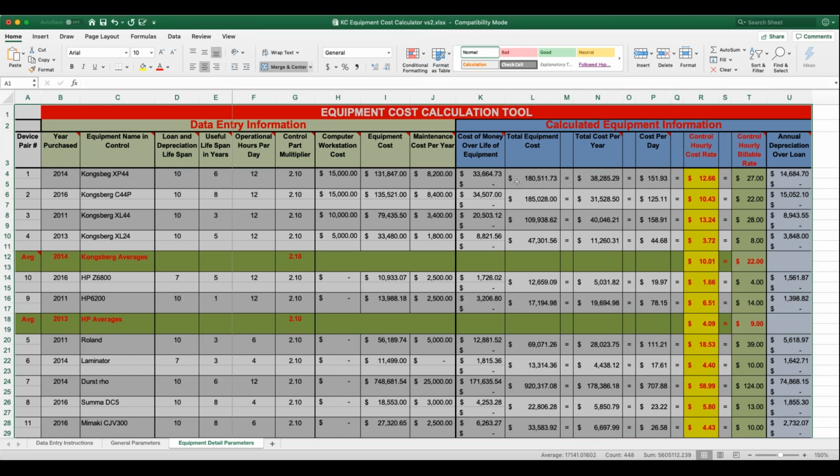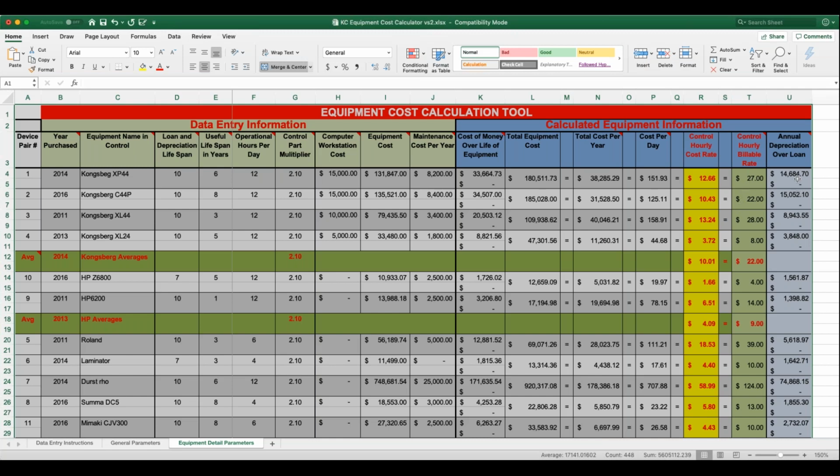I really encourage you to strongly consider using a cost of funds for that particular device. This is the billable rate that control would generate based on the multiplier, the 2.1 in this case. I think the billable rate without the cost of funds would have been in the $23 range, and the billable rate with the cost of money is $27.